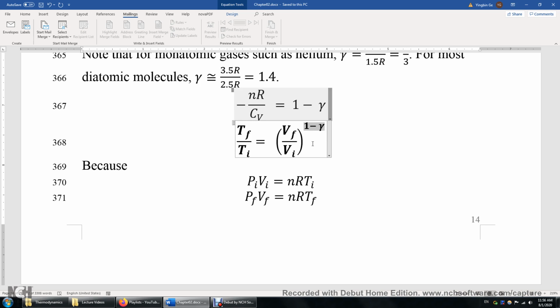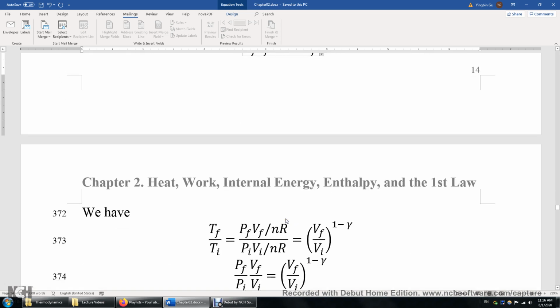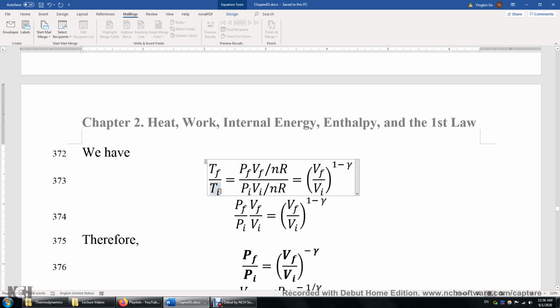Now we can look at the ratio of pressures. Because PiVi equals nRTi and PfVf equals nRTf, since the system is an ideal gas, PV equals nRT holds regardless of the state. We can rewrite Tf over Ti as PfVf over nR divided by PiVi over nR. And Tf over Ti is Vf over Vi to the power of 1 minus gamma.